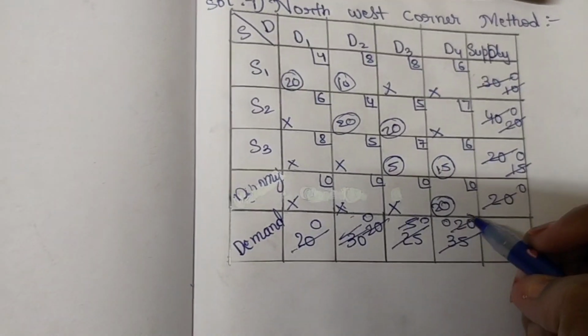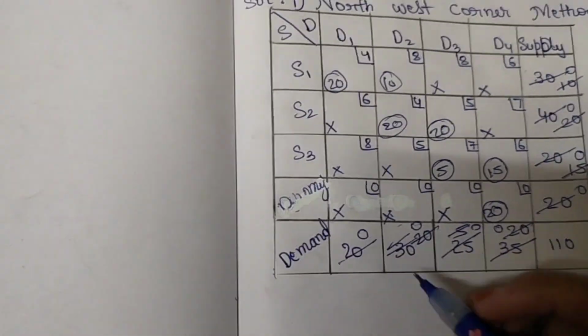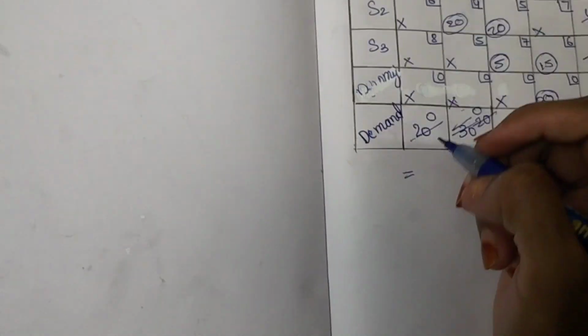After finishing this table, we have to take all the allocated costs.